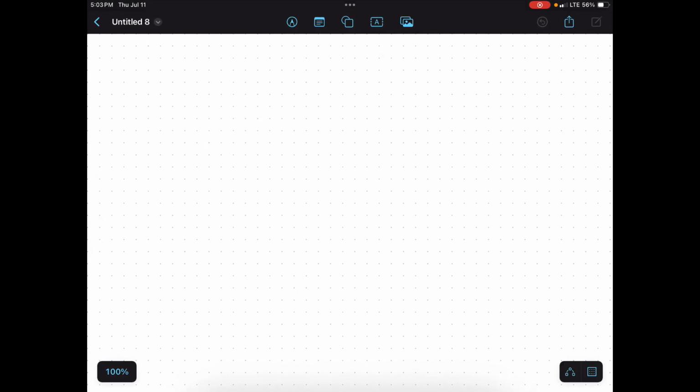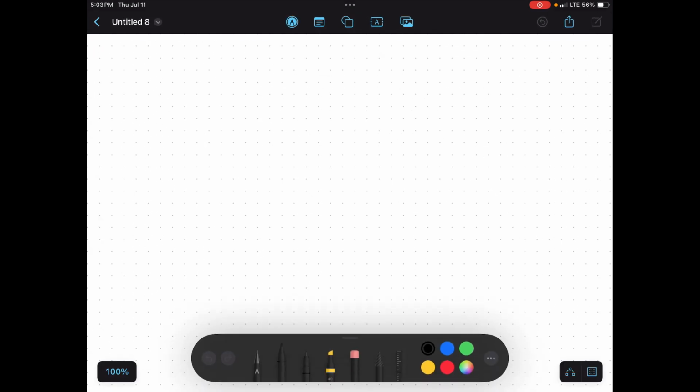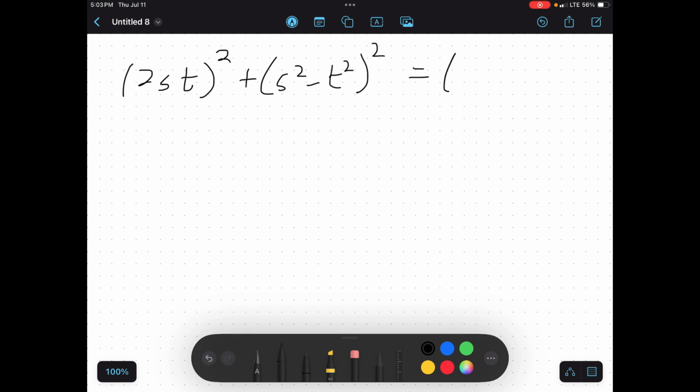So let's see if we can create a proper formula. 2st, one of the smaller values, squared, plus s squared minus t squared, squared, is going to equal s squared plus t squared, squared.